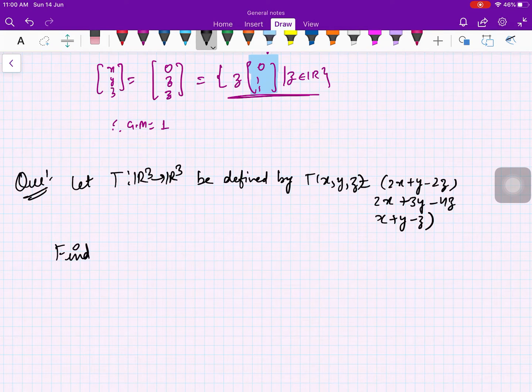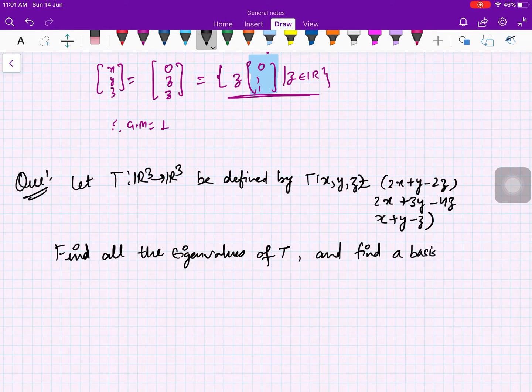Suppose this is the map defined. Find all the eigenvalues of T, and find a basis of each eigenspace.